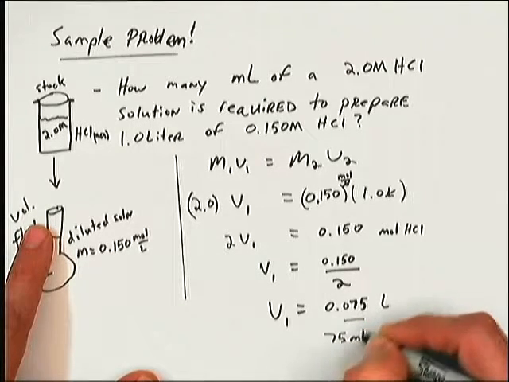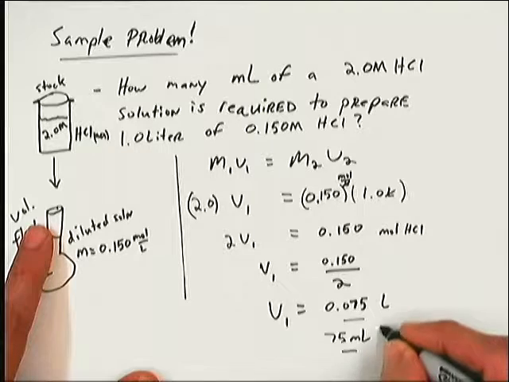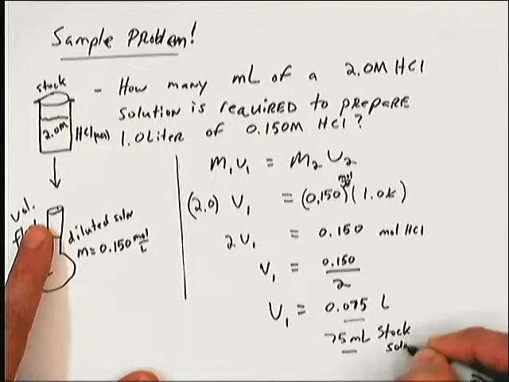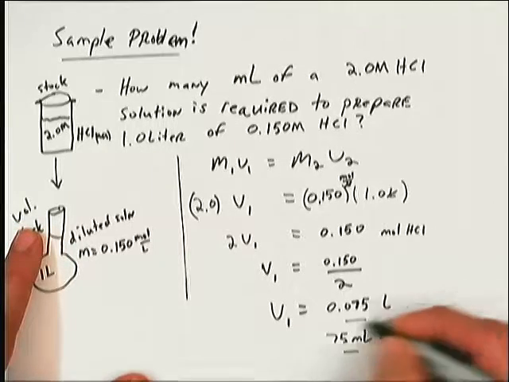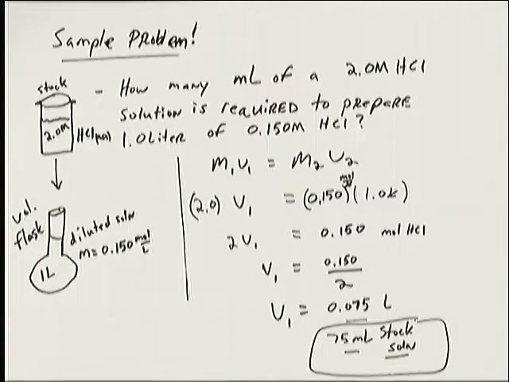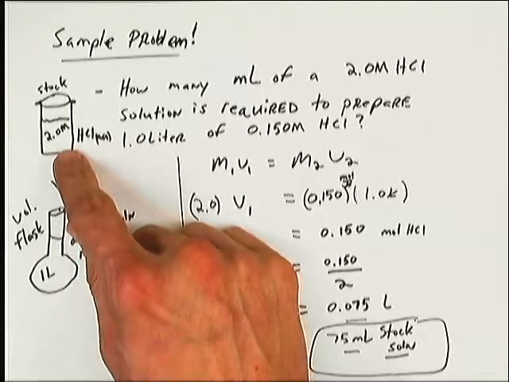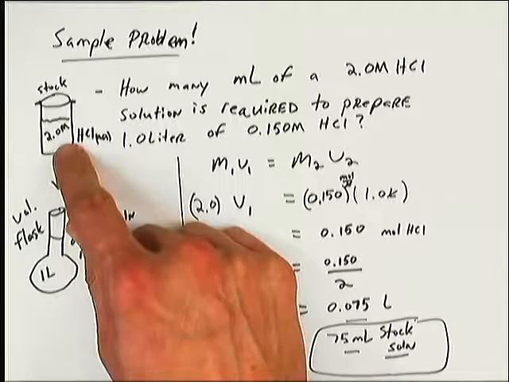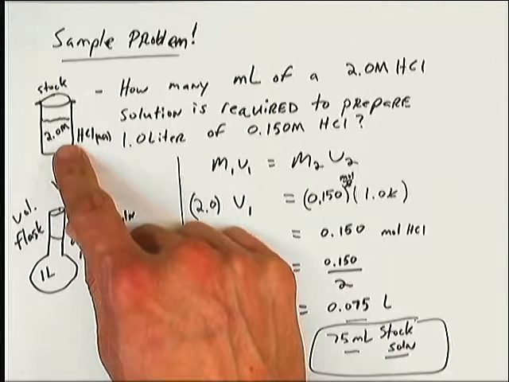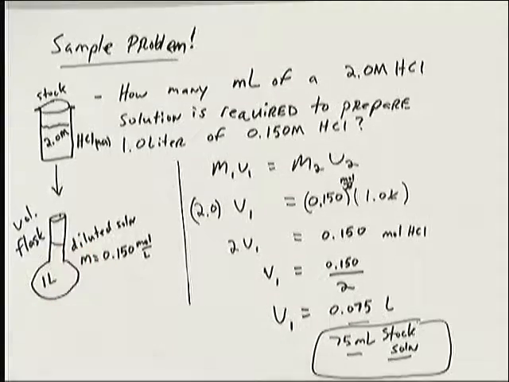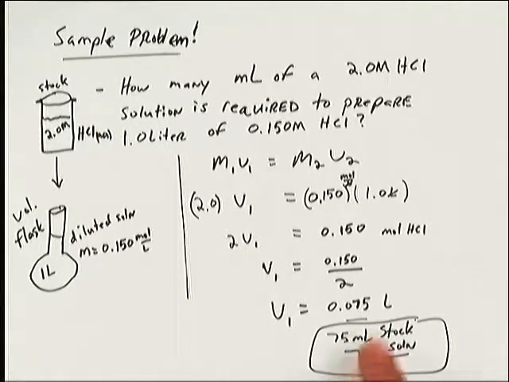I have to multiply that by 1,000, which yields the realization that I need 75 milliliters of my stock solution to make this work. So what I'm going to do is get myself a pipette that's capable of a 75 milliliter volume, and I'm going to pipette 75 milliliters into the bottom of this empty volumetric flask. I will then dilute to the mark, and I will have the appropriate solution.